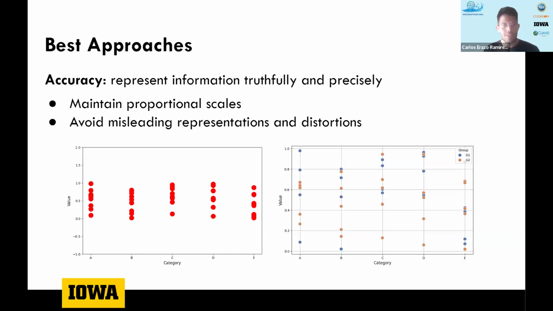But if I zoom in and I rescale, I can see that, oh, okay, there is quite a significant difference between each of the groups. So the left, I had groups all merged together. On the right, I'm separating everything so that there is a clear understanding of each of the groups' categories.